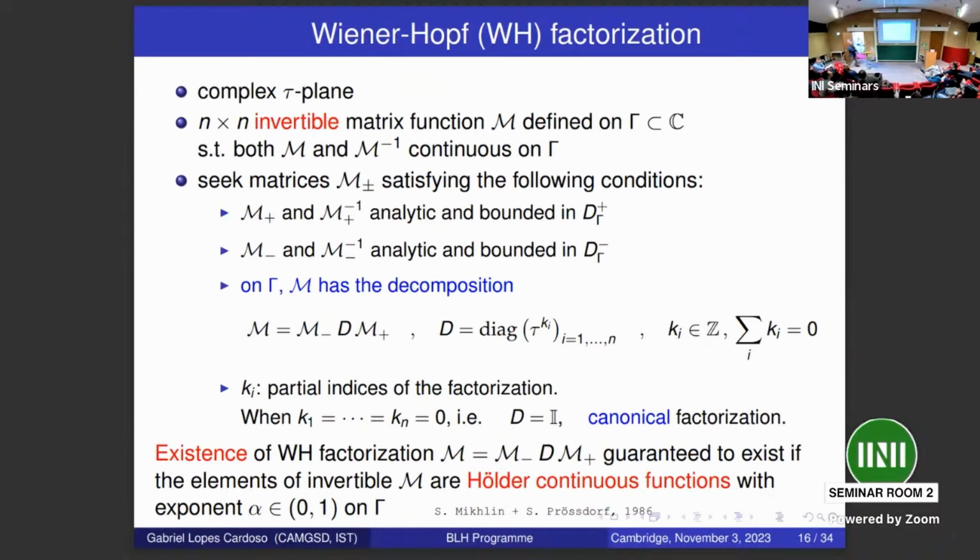On the curve, M plus and M minus are going to be related in this manner. So I gave you a curve gamma with a matrix curly M defined on gamma.